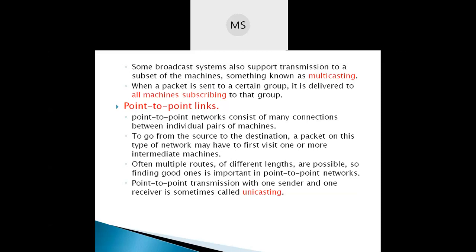If any system sends data, it is captured by all the systems connected in that network. The systems identify a broadcast message because the packet address field has a special code. Based on the special code, all the systems connected in the network can capture that message. If you want to send the message to a group of systems, it is known as multicasting.